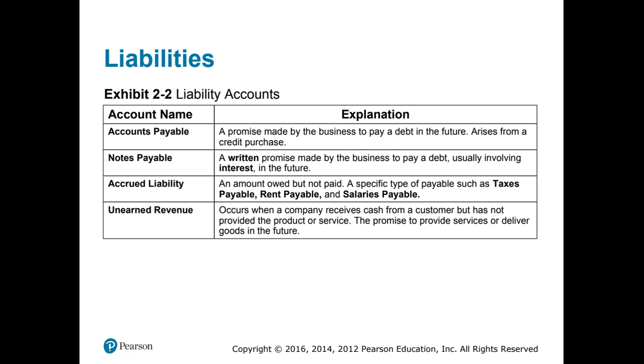For example, you have taxes payable, rent payable, salaries payable. And then unearned revenue is when a company receives cash from a customer, but we have not yet provided the good or service. The promise to provide services or deliver goods in the future. So they went ahead and paid us, but we have not yet earned what they paid us for.